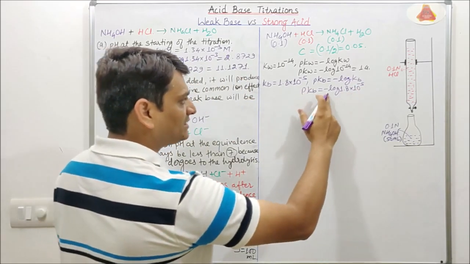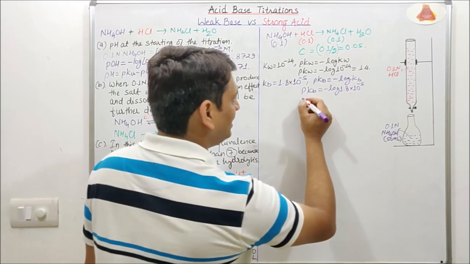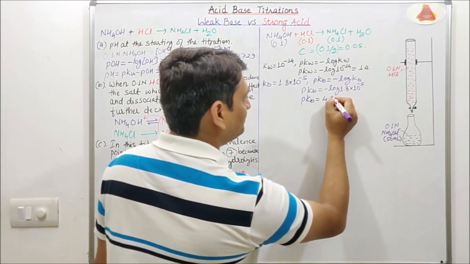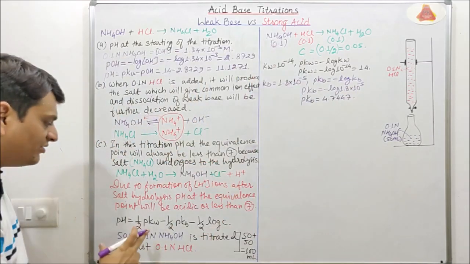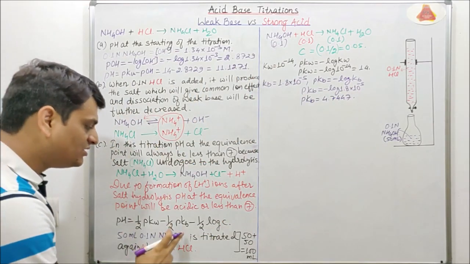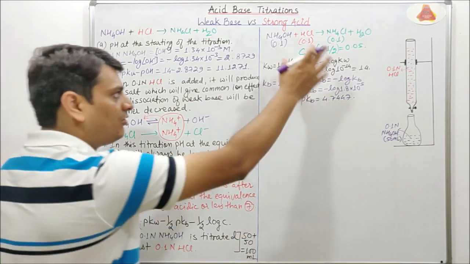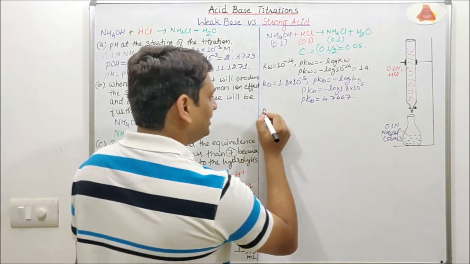When we will solve this, then pKb is equal to 4.7447. Now we are having the value of pKw, we are having the value of pKb, and we are having the value of C.